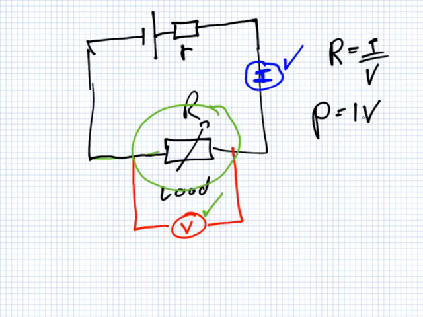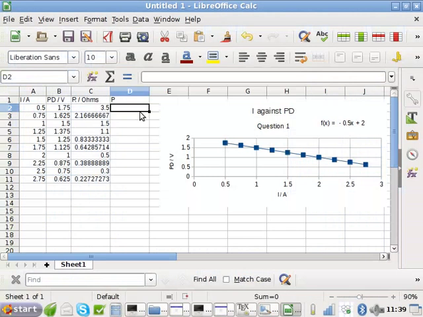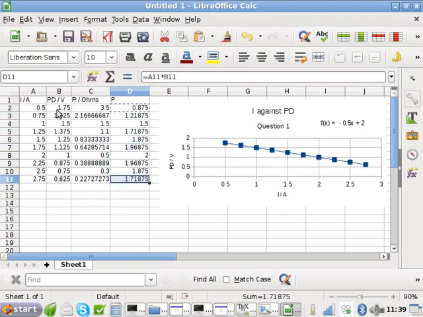I could just leave it as IV. So power is IV. So that would equal I multiplied by V. So here's the power. Okay, what's next?